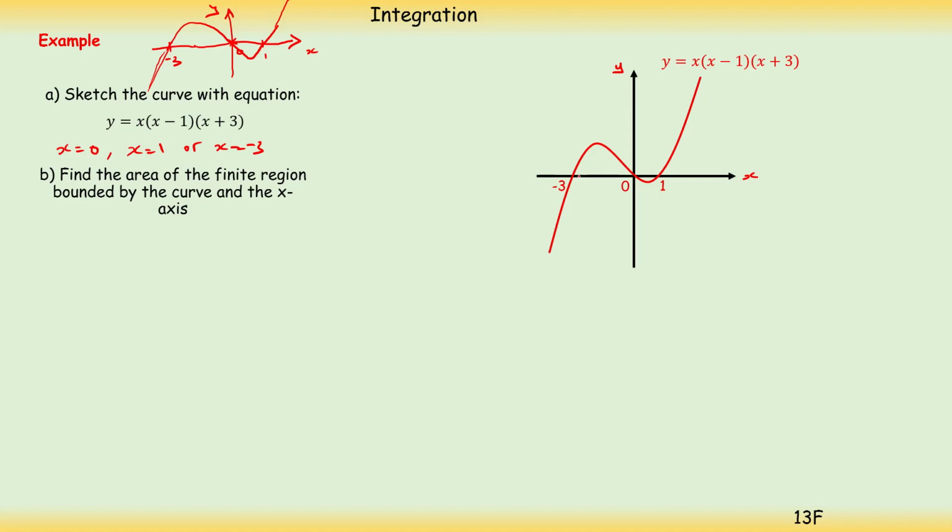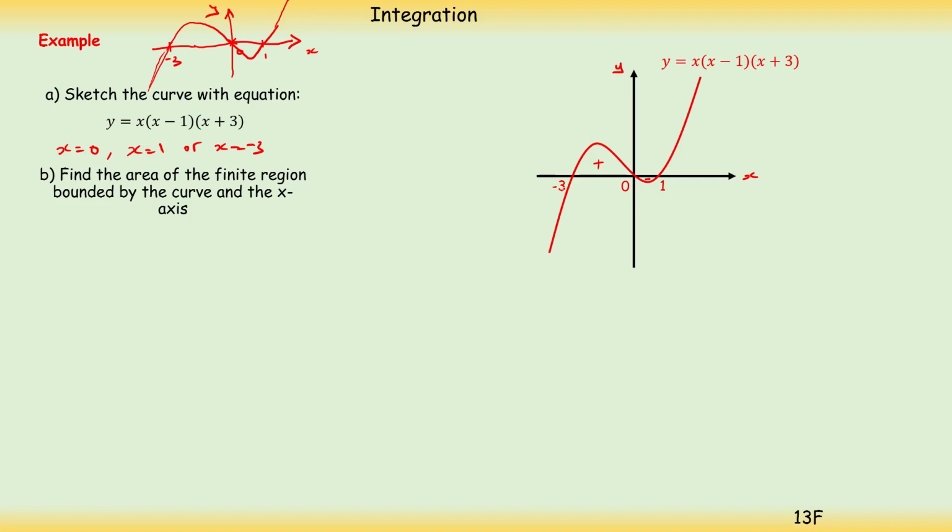Now as we said, when the curve is above the x-axis, we're going to get a positive result. When the curve is below the x-axis, we get a negative result. But we know because it's an area, it's got to be positive, and we can add the two together. So we've got to be careful how we find the area. If we were to try and do it from minus 3 to 1, there'd be some confusion, because the positive and negative would be subtracting some of the answer.